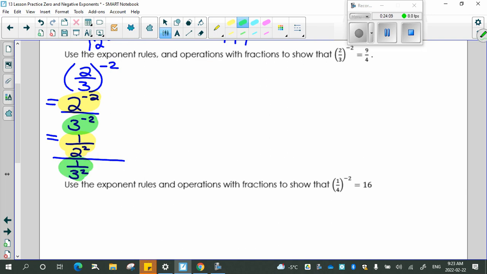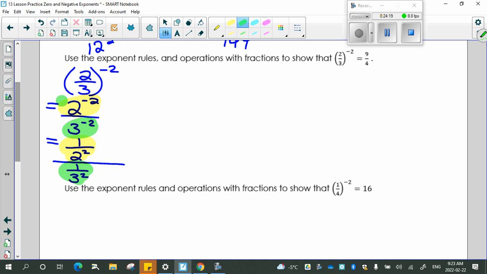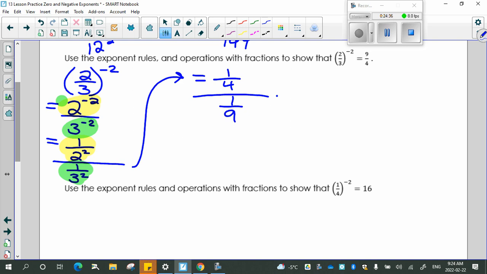Is everybody with me so far? So we applied the power to the numerator and denominator. Then we said what 2 to the negative 2 was using our negative exponent rule. We said what 3 to the negative 2 was using our negative exponent rule. Now 1 over 2 squared, we can change that to 1 over 4. And 1 over 3 squared, we can change to 1 over 9.